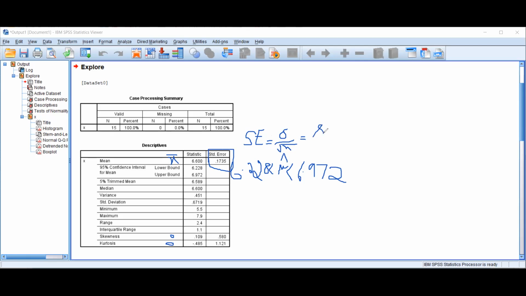You can see this number by s upon root n, where n is 15 and s is this. If you divide 0.6719 by root of the sample size, which is 15, then you will get this number. This is the standard error.